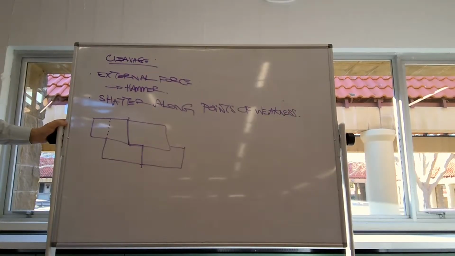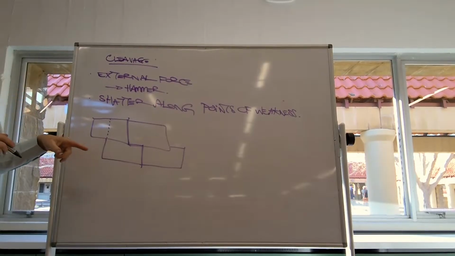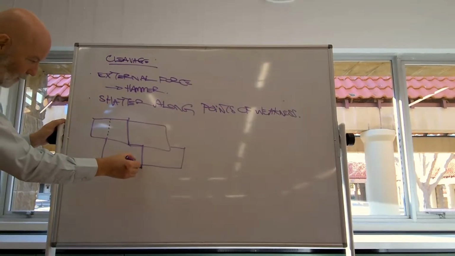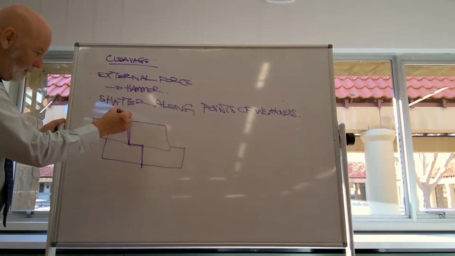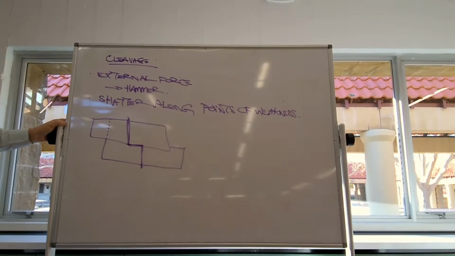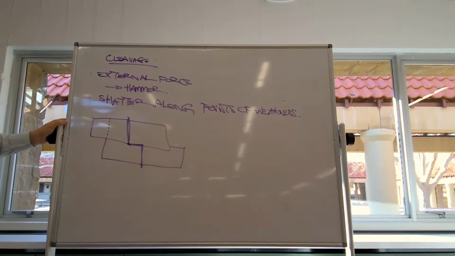But cleavage has got to do with the crystalline structure and the way that the crystals lock together. All right? Force will always find the path of least resistance. So if you hit it, it will shatter along between the crystal structure, because that is where the bonds are weakest.